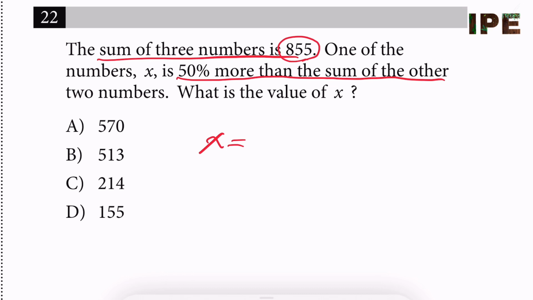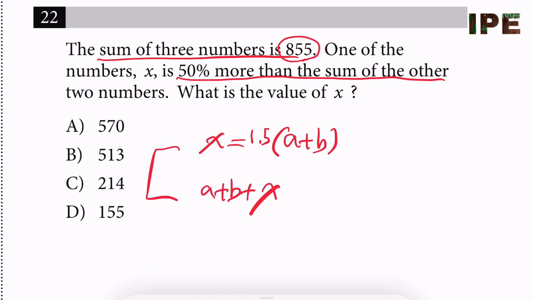Let the other two numbers be a and b. 50% more doesn't mean 50% of a plus b. It means 150% of the sum of these two numbers, so multiplied by 1.5. And we know the sum of the three numbers, a plus b plus x, is equal to 855. Our goal is to find the value of x.